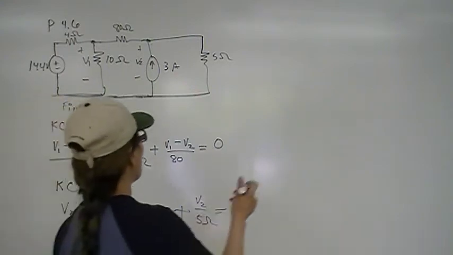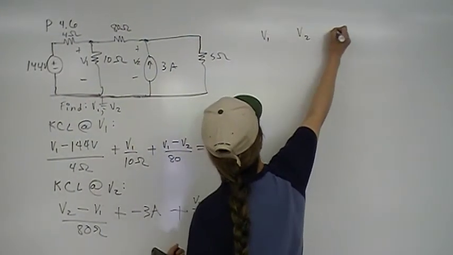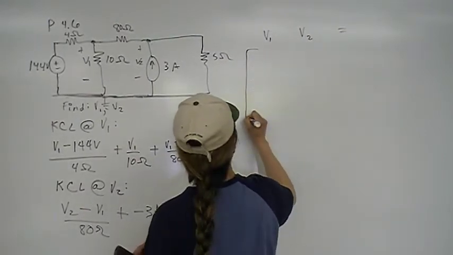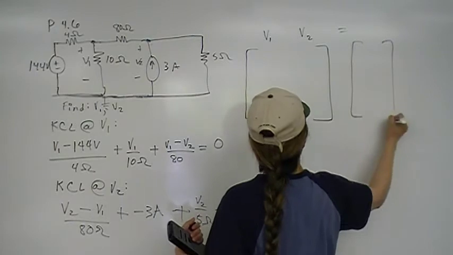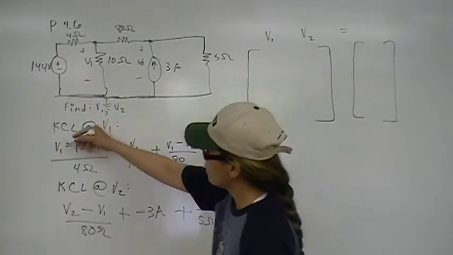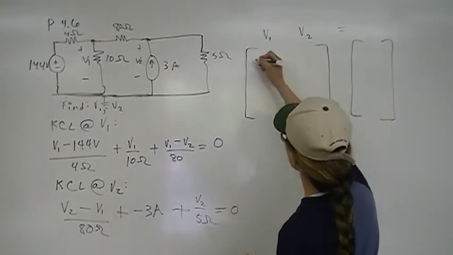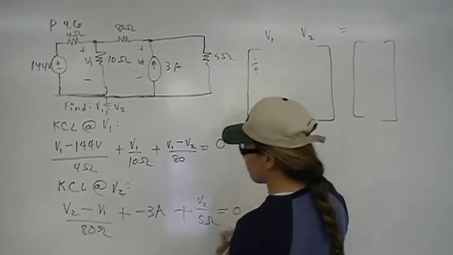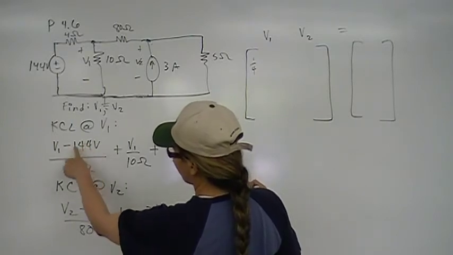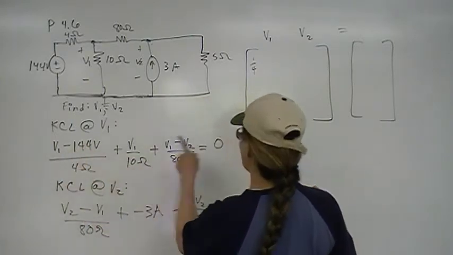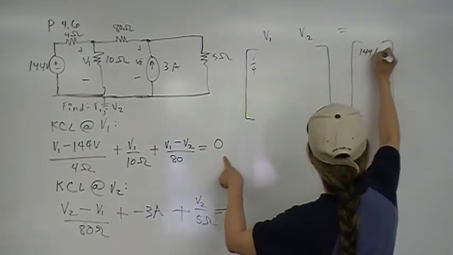Now we're going to lay this out in matrix form, with V1 and V2. The coefficient for V1 in the first equation is 1/4, plus 1/10, plus 1/80, and for V2 I have negative 1/80. The negative 144 over 4 is brought over to become a positive 144 over 4.